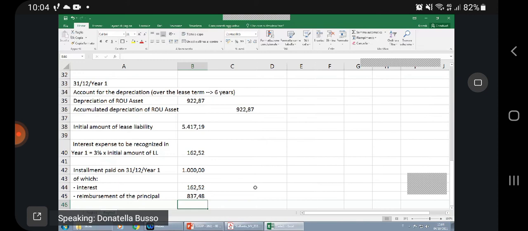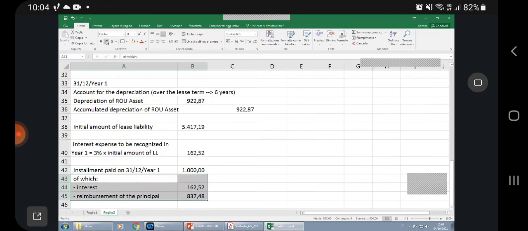Okay? Because we know that we pay 1,000 for two things, for the interest and for the reimbursement of the principal. We know the amount of the interest, 162, because this is the 3% of the initial amount of the lease liability. The remaining part is the reimbursement of the principal.